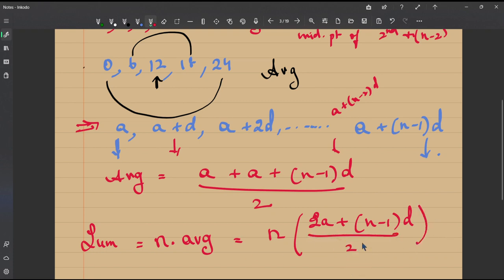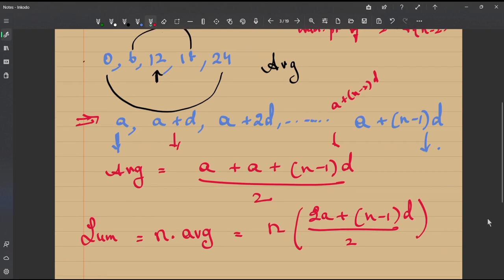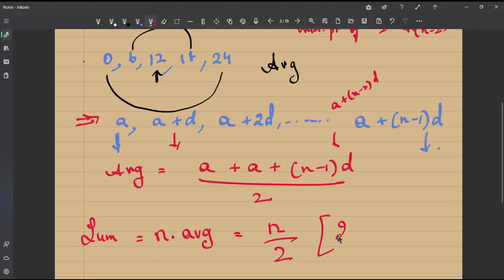Or if I take the 2, I can rewrite it in a simple way as n by 2 into (2A plus (n minus 1) into D). It's the same. I've just rewritten it by factoring the 2 out, and the half can be distributed to arrive at the same equation as before.